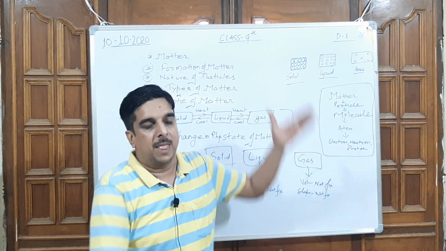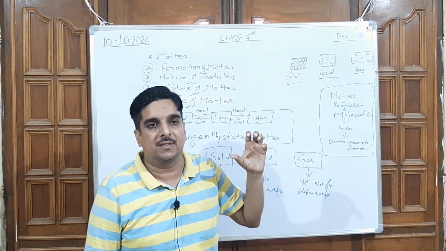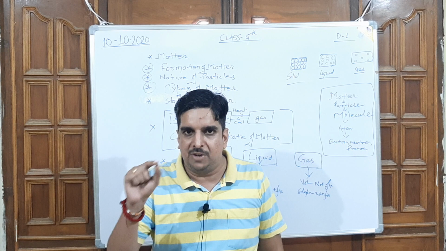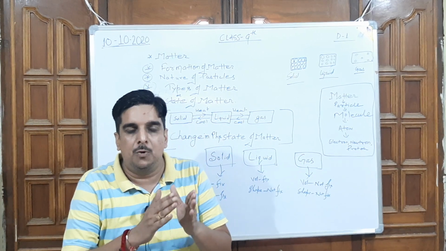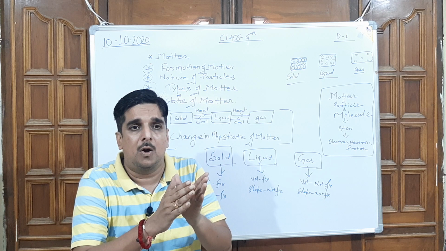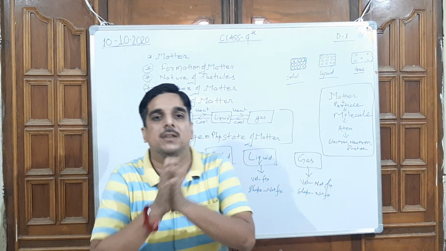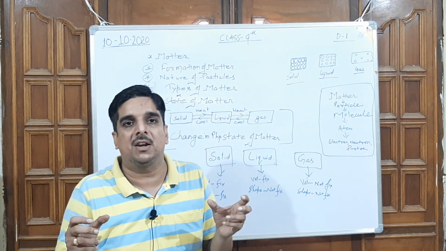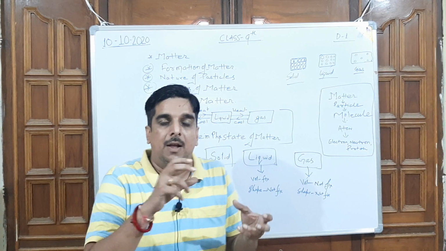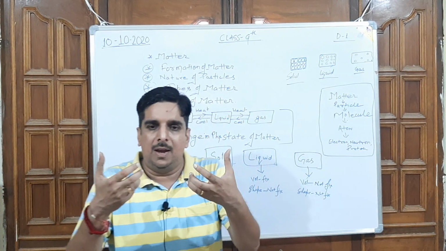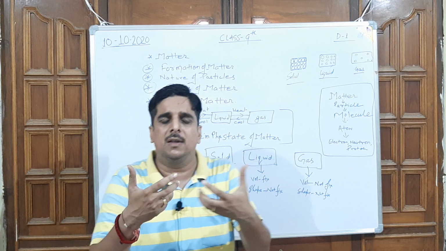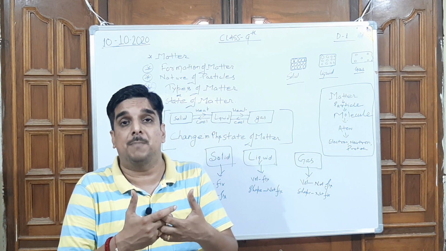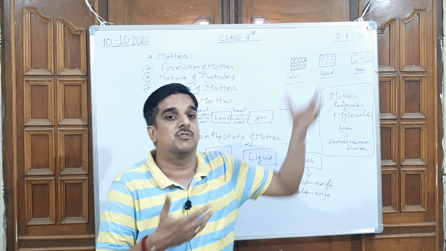So after the definition of matter, now we will discuss the particles. For the formation of matter, we have to know about the role of the particles, or in other words, the characteristics of the particles. What are the characteristics of particles for the formation of matter? Particles have attraction power. The particles having very much attraction power will be responsible for making a solid.